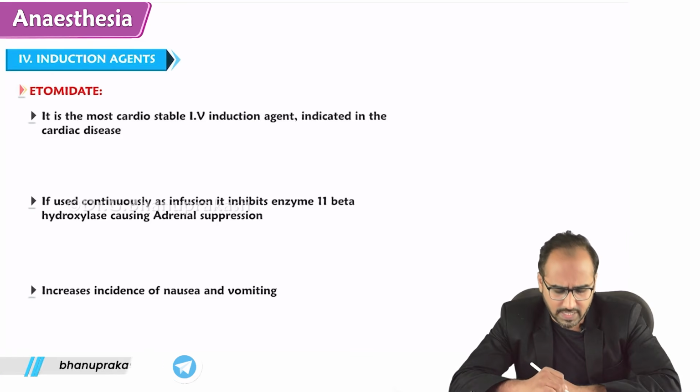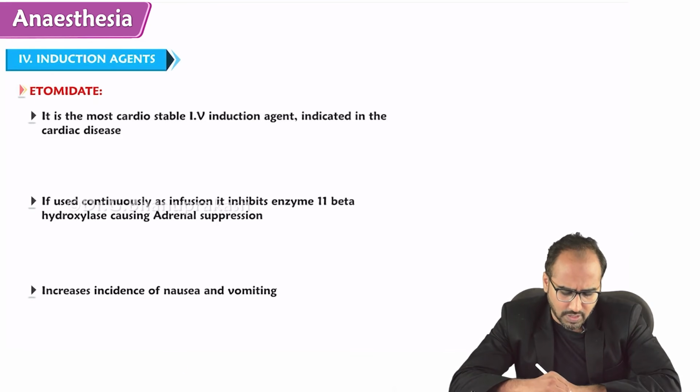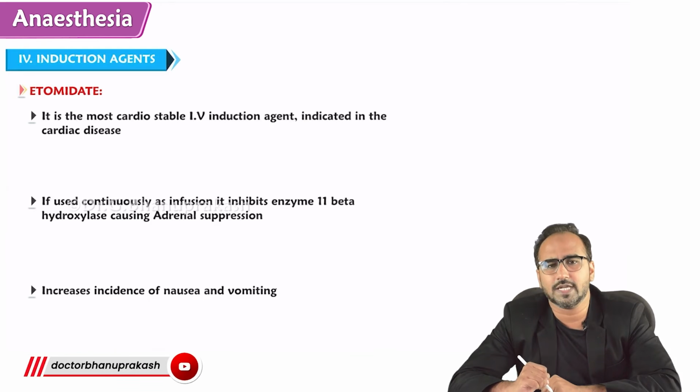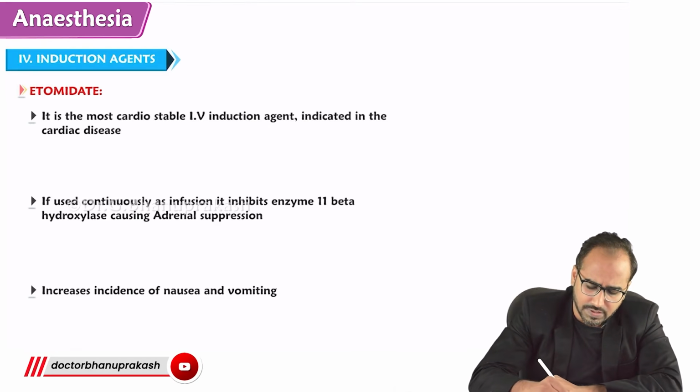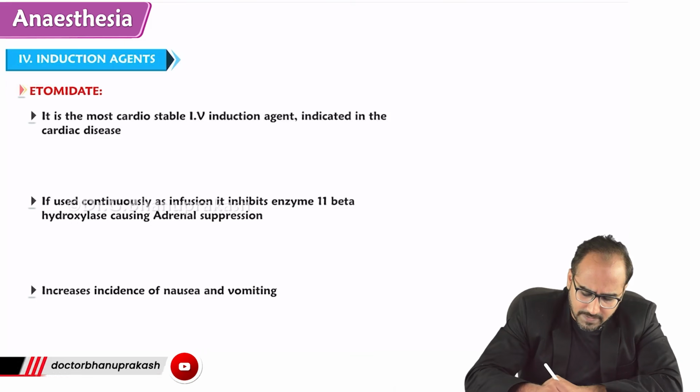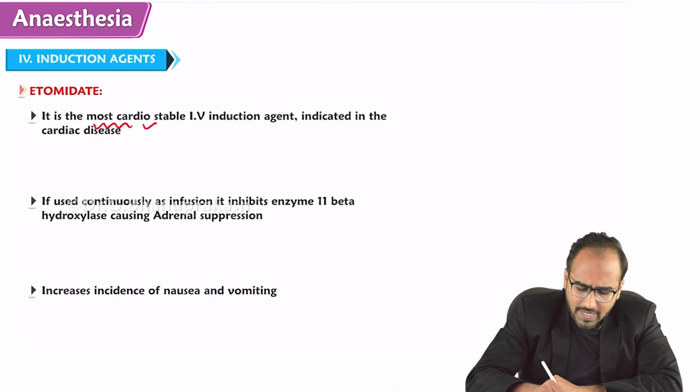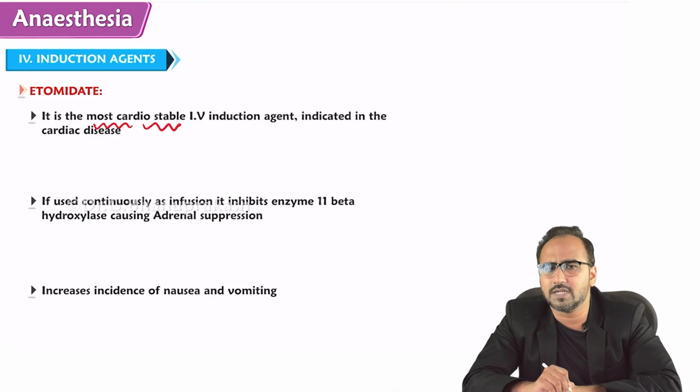Coming to the last IV induction agent, which is called Etomidate. What we need to remember is that Etomidate is the most cardio-stable IV induction agent. When do you call an IV induction agent cardio-stable?